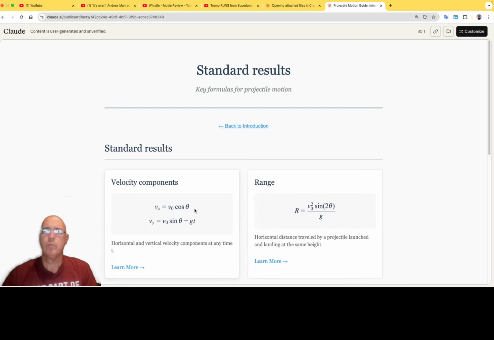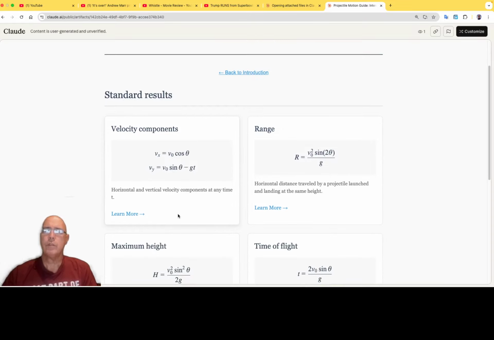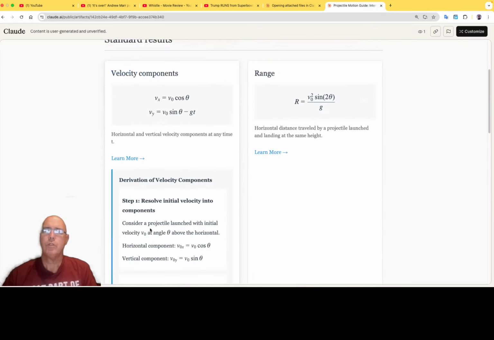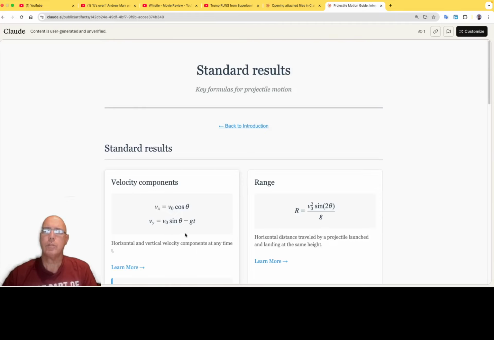The first set will identify what the velocity components are, horizontally Vx and vertically Vy. Now for all of these examples, when you click on Learn More, it will reveal the working that the application used to create these equations.